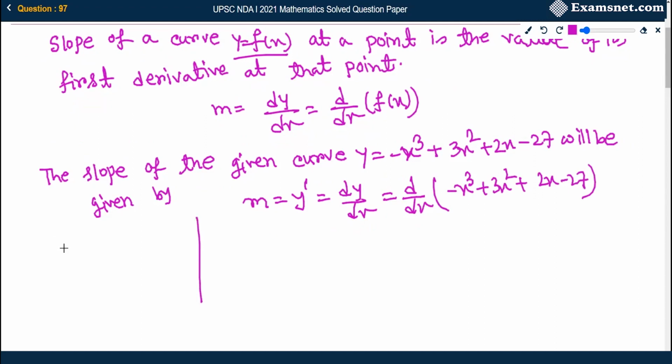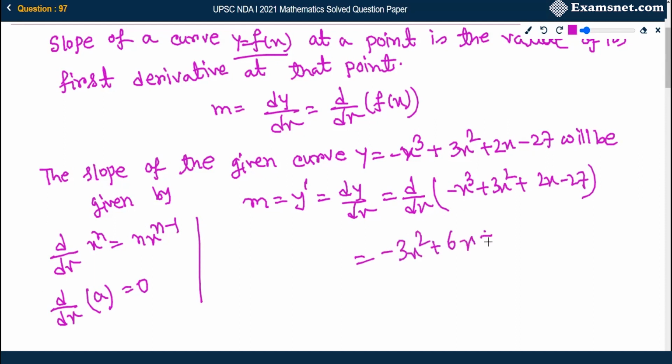So I hope you all know the formulas. Like if we take the derivative of a polynomial, we get n multiplied by x to the power n minus 1. If we differentiate a constant, we will get 0. So let's write minus 3x square plus 6x plus 2, since there is nothing else, 0, no need to write it. Only minus 3x square plus 6x plus 2, right?